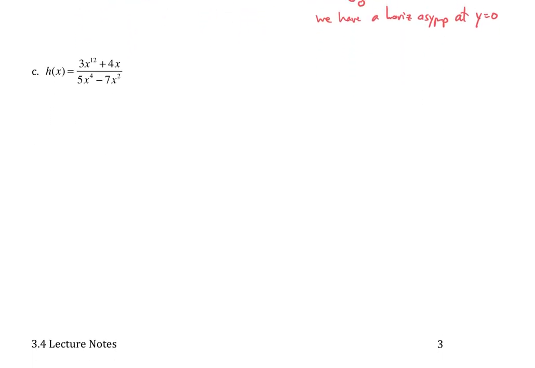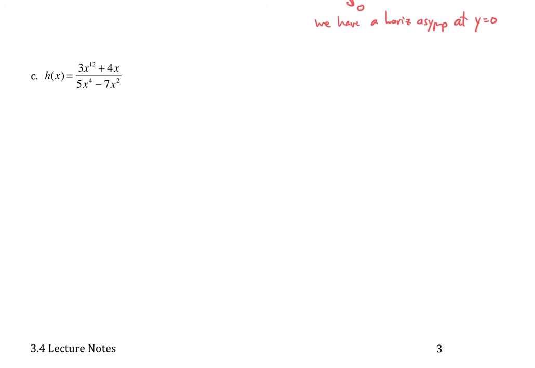When we take a look at this last one over here, what do I see? The leading term of the numerator is basically 3x to the 12th power, and the leading term of the denominator is basically 5x to the 4th power. When I simplify the quotient of leading terms, I get 3 over 5 x to the 8th power.